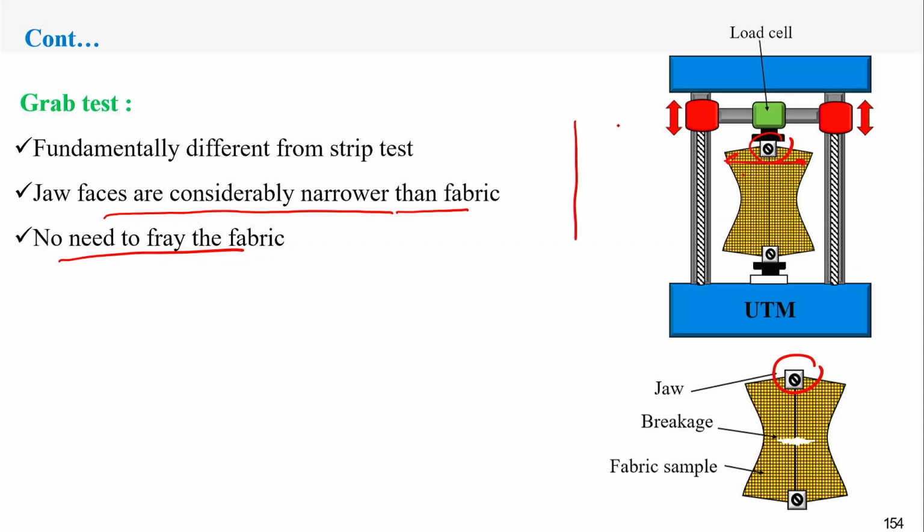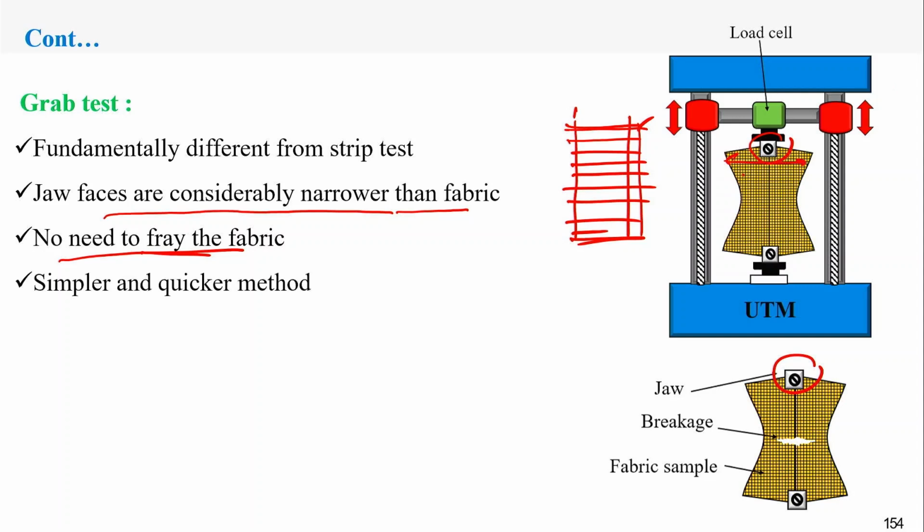In the strip test, we take out the edge yarns. This fraying is required just to ensure all the yarns are gripped by both the top jaw and the bottom jaw, so that the proper strength value is obtained. But in the grab test we do not need this type of fraying action.